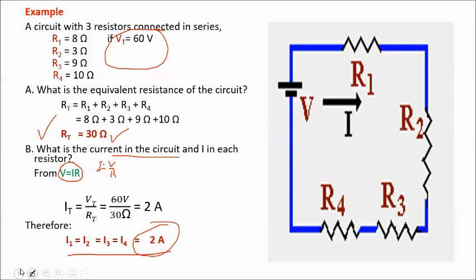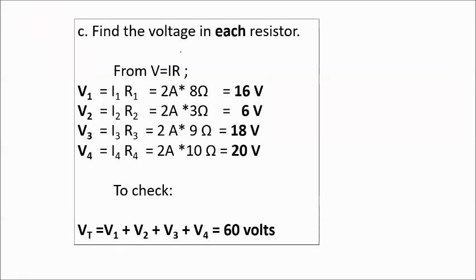Okay, let's move to the next. Find the voltage in each resistor. From Ohm's law again, V is equal to IR. We need to find V1, V2, V3, and V4. To find V1, simply I1 times R1; V2, I2 times R2; and up to V4, I4 times R4. Since the I is equal because the resistors are connected in series, multiply it by R1, R2, R3, and R4.